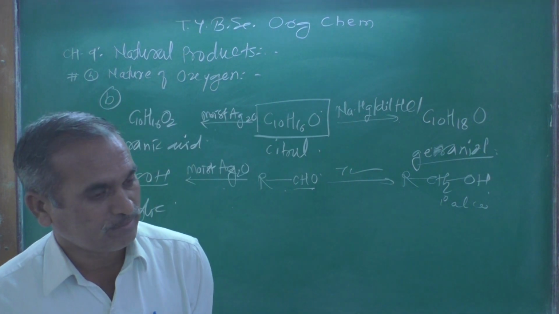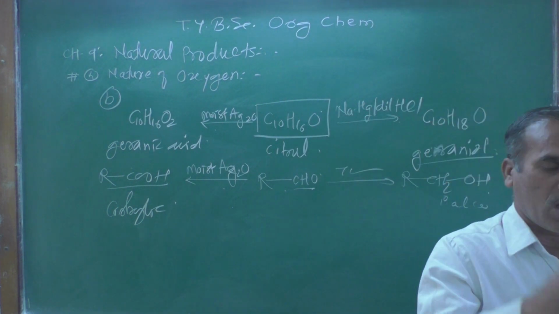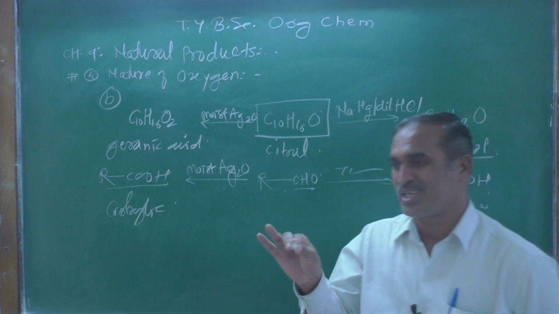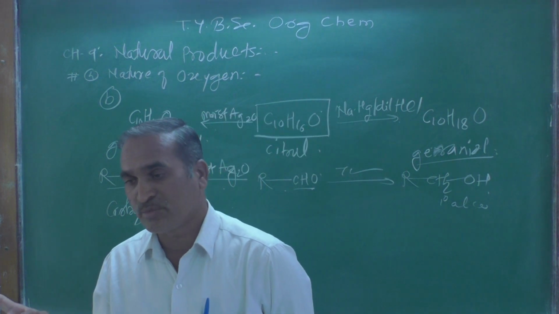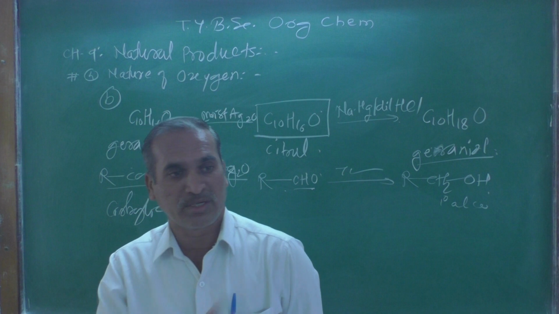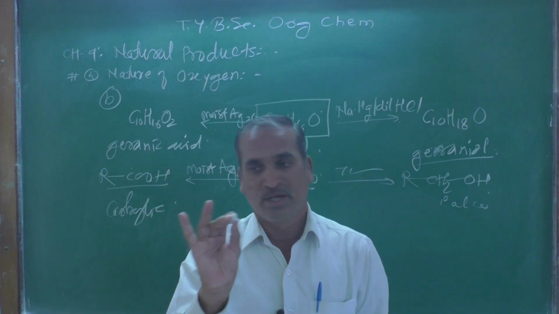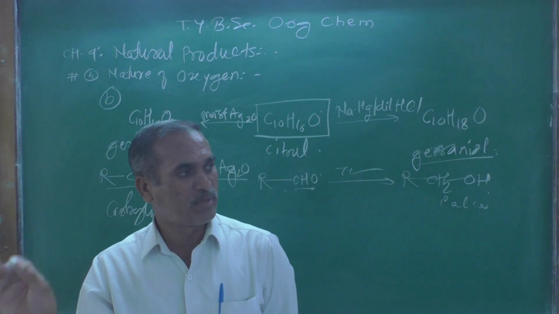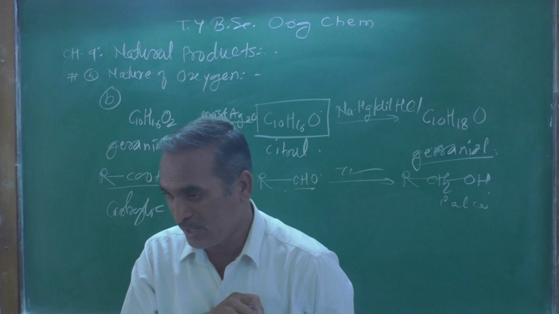In the exam, the question may appear such as, how will you prove the presence of an aldehyde group in citral? At that moment, you must remember this: write down the molecular formula of citral, then treat with sodium amalgam, which gives geraniol, meaning reduction takes place.